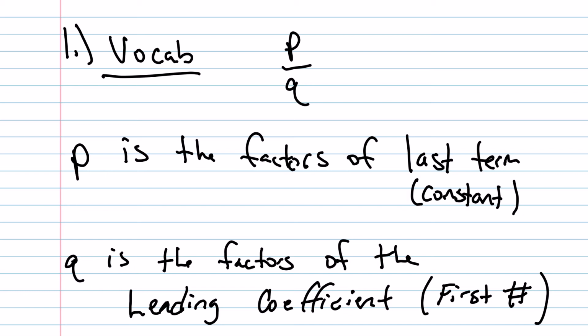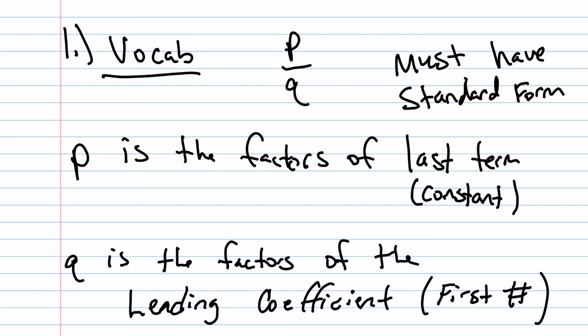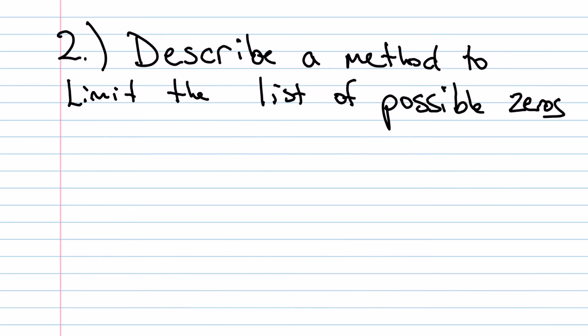Remember, this is all when it's in standard form, so you must have standard form. Number 2 just says describe a method to limit the list of possible zeros when you use the rational zero theorem.